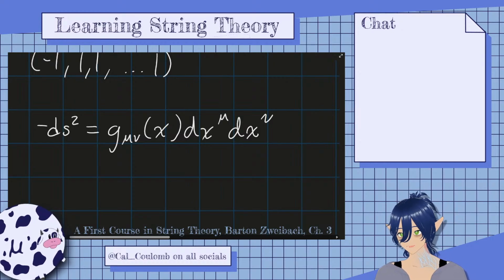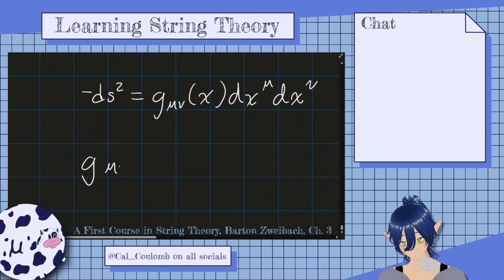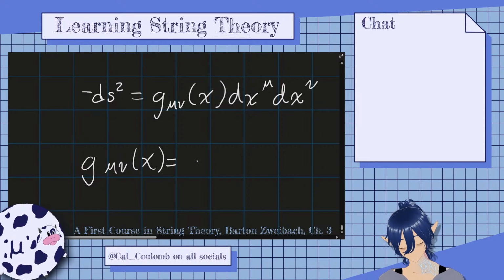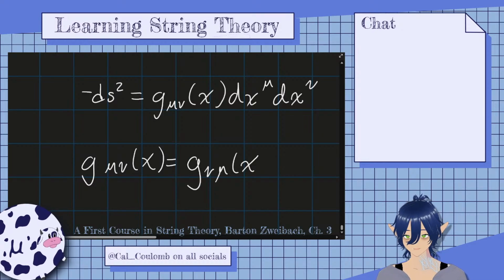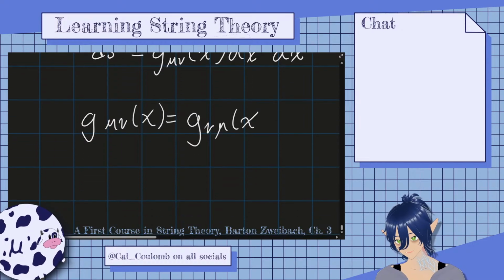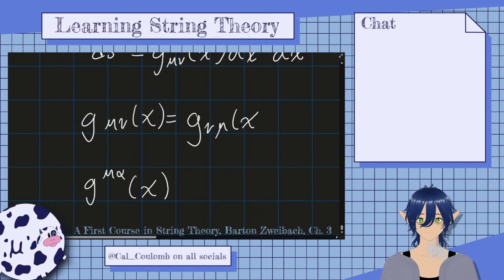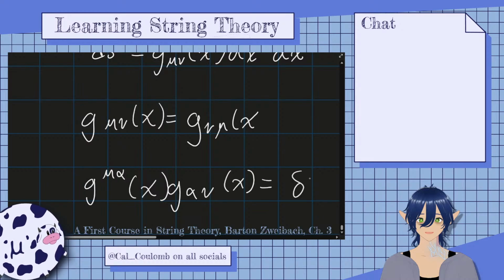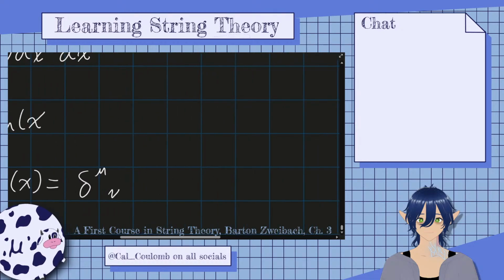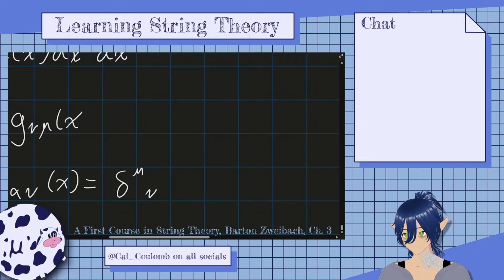The metric g mu nu is defined to be symmetric, so g mu nu of x is equal to g nu mu of x. It is also customary to define g upper mu nu, the inverse metric of g mu nu, using g mu alpha of x, g alpha nu of x is equal to delta mu nu, where again this delta is the Kronecker delta that we saw before.